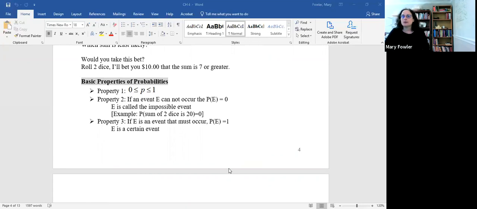So in particular, property 1 is that probabilities are between 0 and 1, including 0 and 1. An event can have a probability of 0 and it can have a probability of 1. If you asked me what the probability of an event was, and I told you that it was 1.4, then you would say, I don't want to talk to you about probabilities. So we have to keep our probabilities between 0 and 1.